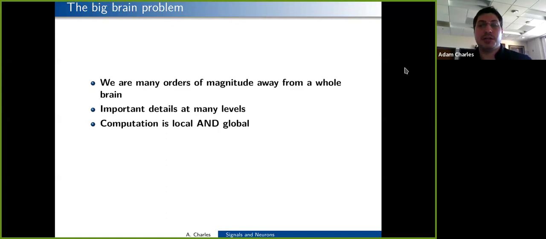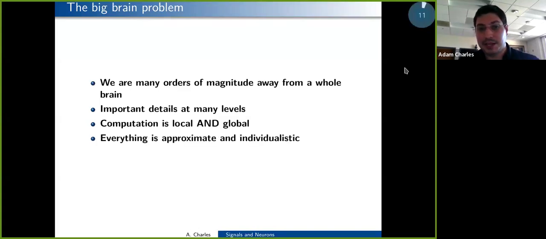So we need to think about how these populations interact within a small population, as well as between different circuits that represent different inputs and outputs of our system. The last thing is that there's a lot of individuality, so we have to account for the variability in the computations, and how different individuals in different situations might create additional complexity in how we interpret this data.